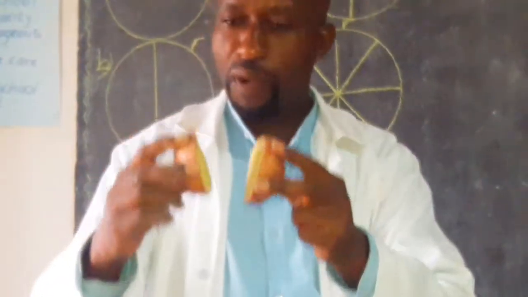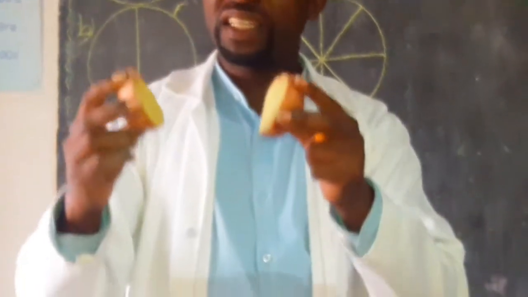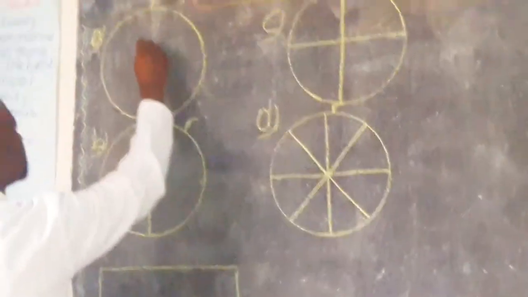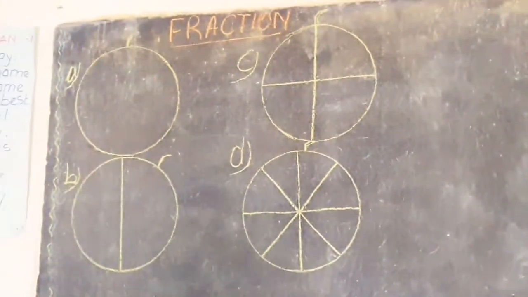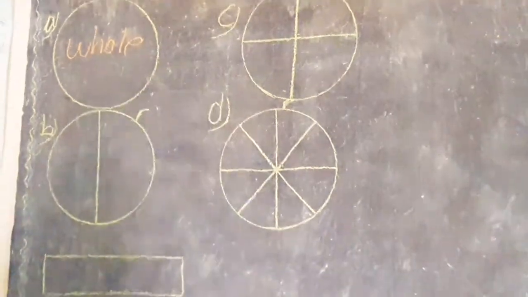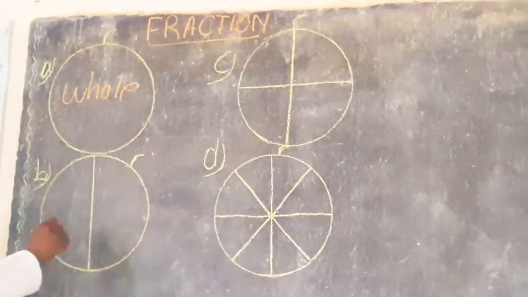I have 1 potato, but I divide it in 2 parts. Here, I have 1 potato. This is a whole, and I divide it in 2 parts.